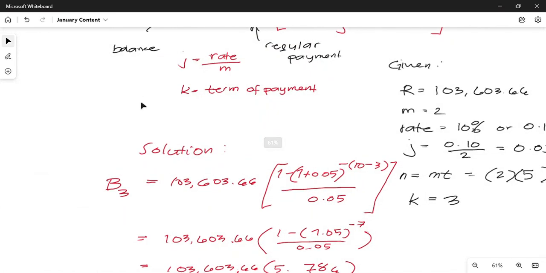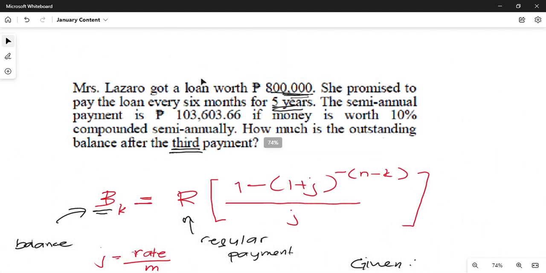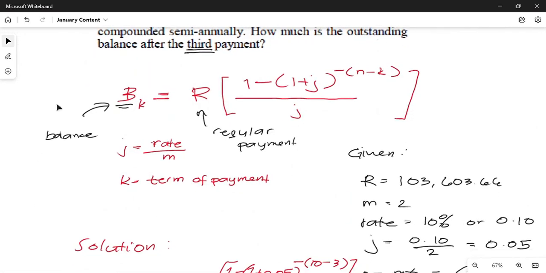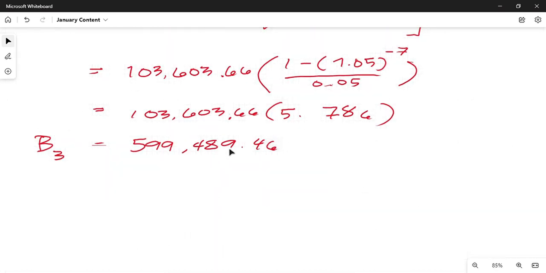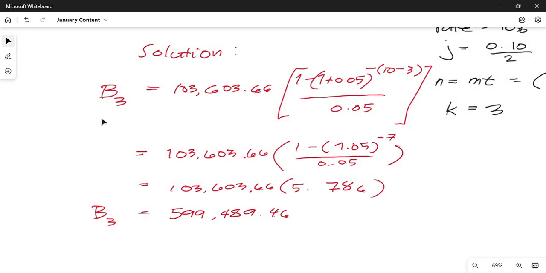So if Mrs. Lazaro will get a loan worth 800,000 pesos and will pay 103,603.66 semi-annually, and the interest is 10% compounded semi-annually, in the third payment, the remaining balance is 599,489.46 pesos.